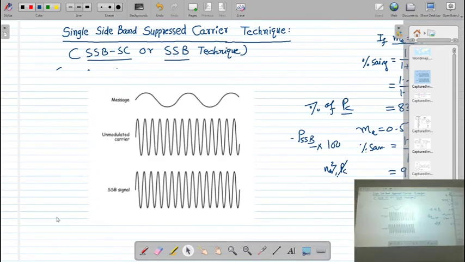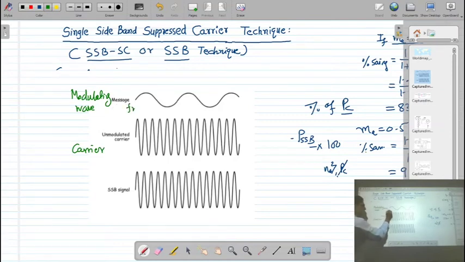If you look at this wave, then this is nothing but my modulating signal. Modulating wave is present and it is also known as the information signal. Correct? Then we require a carrier wave. So here the frequency is fm, here the frequency is fc.